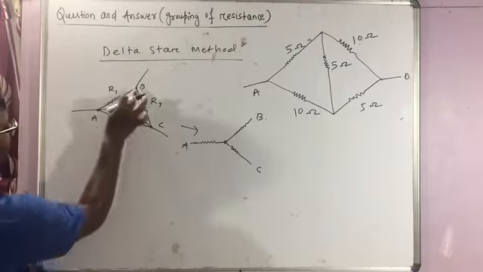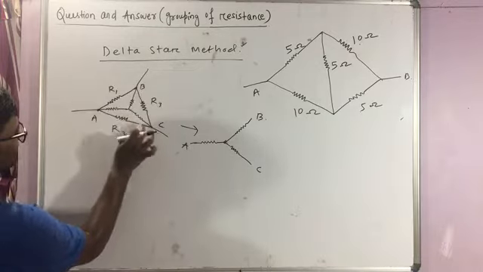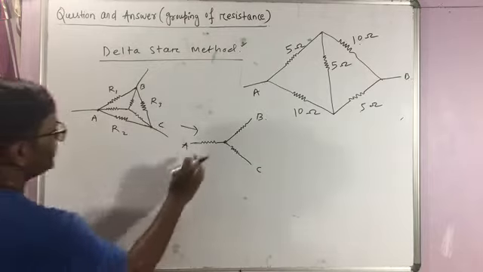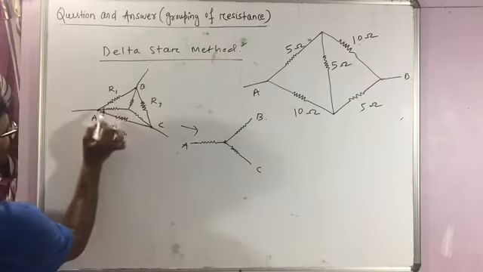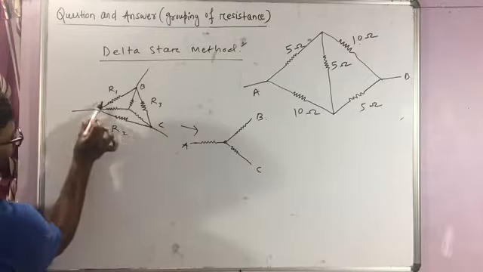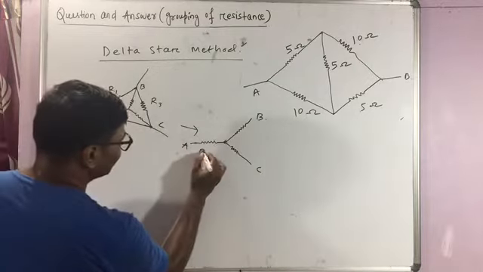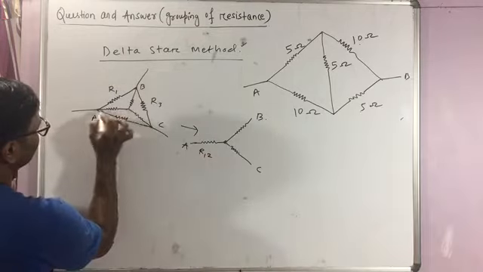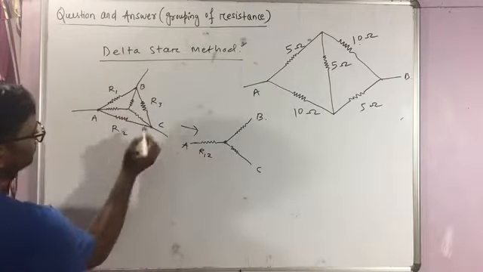This delta can be replaced by the star inside. This resistance is connected at the joint of R1 and R2, so let us mark this resistance as R12.